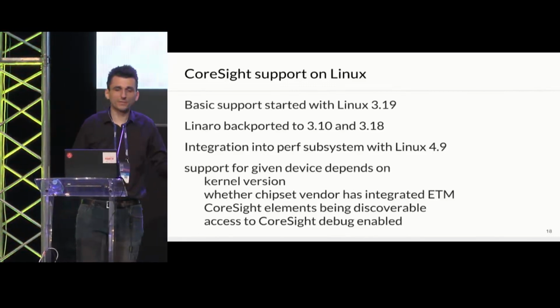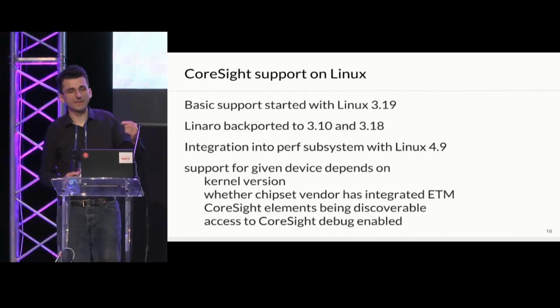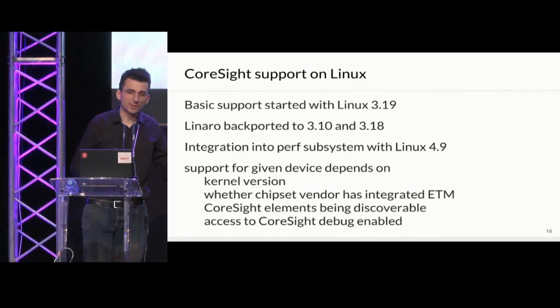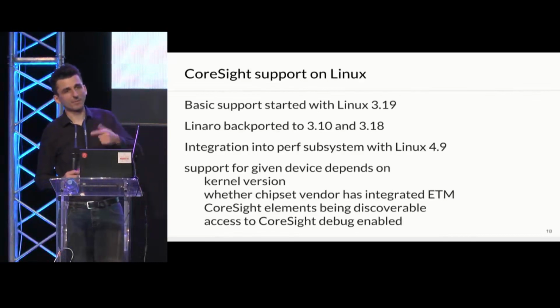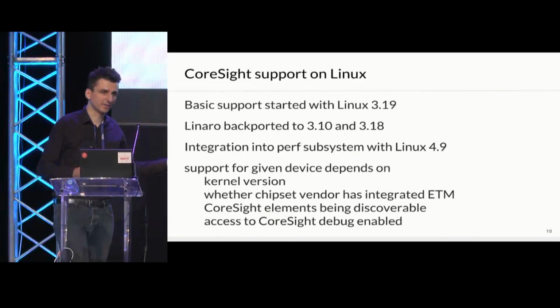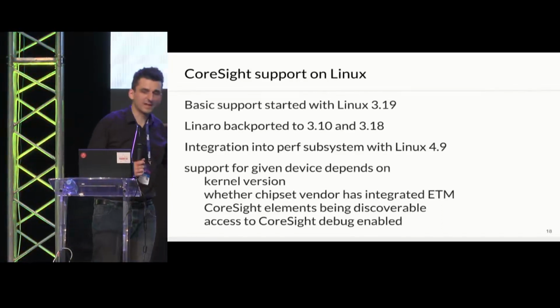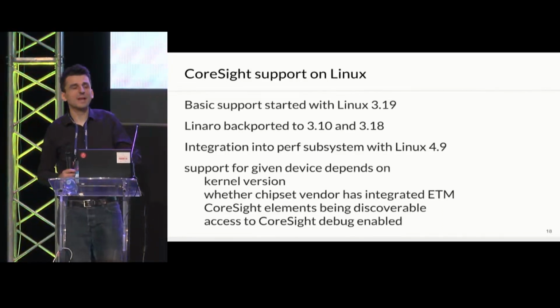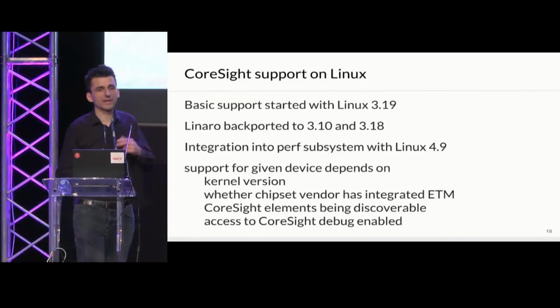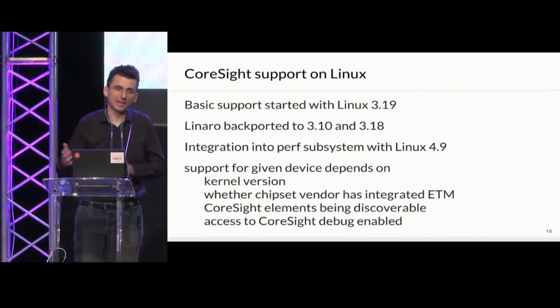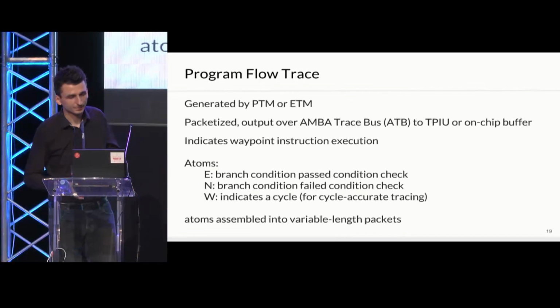So support for a given device depends on the kernel version, whether the chipset vendor has integrated ETM support into the hardware and whether there's a driver for that. Then it depends on whether the CoreSight elements are discoverable and whether access to CoreSight debug has been enabled, or, well, has not been disabled.